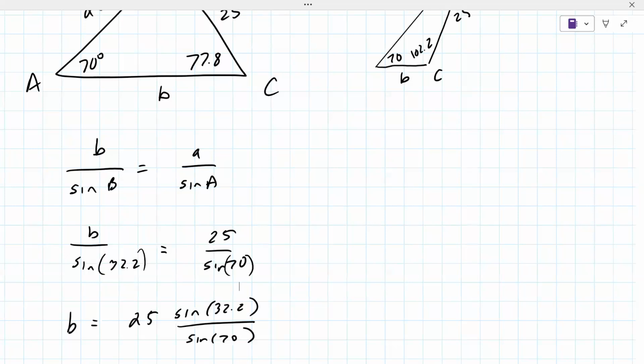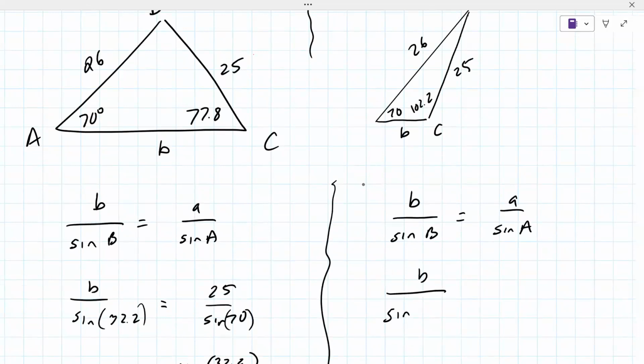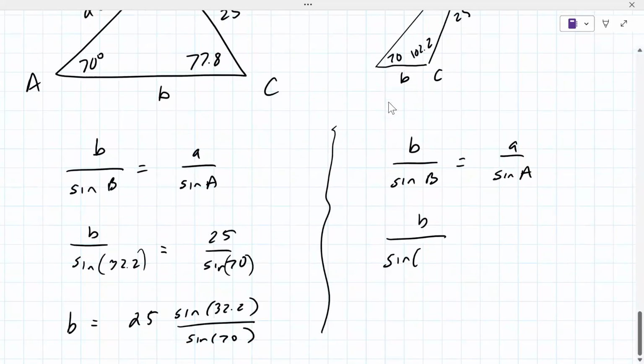All right, now to find the other b, it's really similar. It's actually the same calculation. The only difference is the angle. If you're ever wondering, you just write the same thing. So b over sine of, what is the angle? 5.8, equals 25 over sine 70.